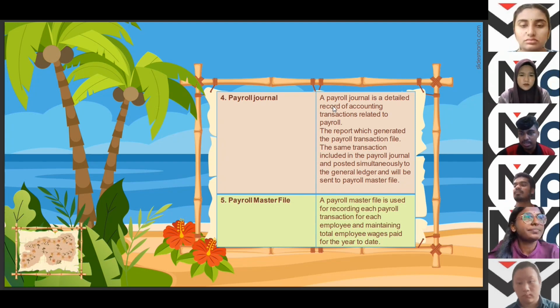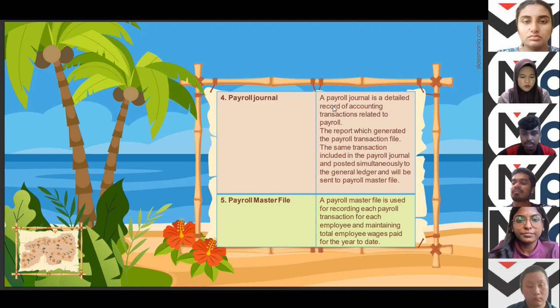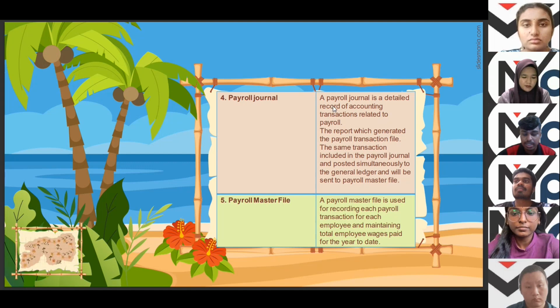So to explain this in Malay, this payroll journal ini akan digunakan untuk merekod setiap transaksi gaji bagi setiap pekerja dan mengekalkan jumlah gaji pekerja yang dibayar untuk tahun setakat ini. Mereka bentuk dan melaksanakan prosedur analisis untuk kitaran gaji dan kaki tangan.